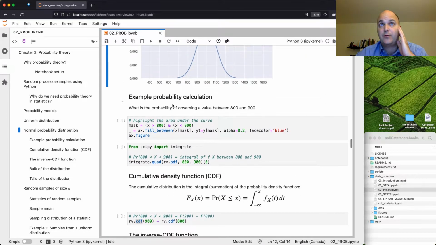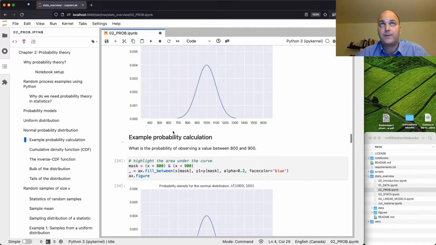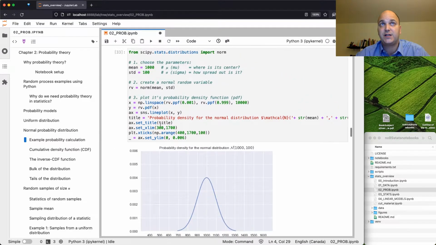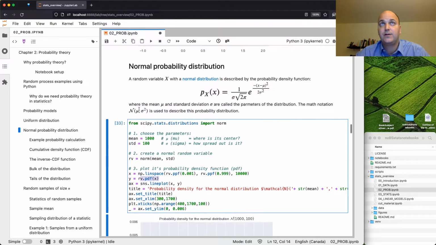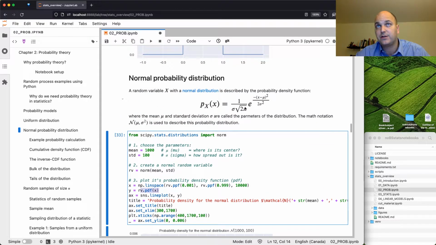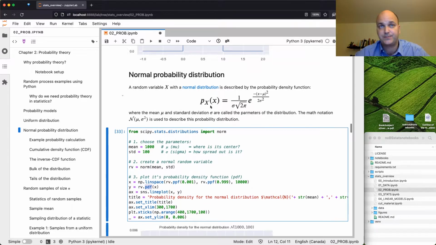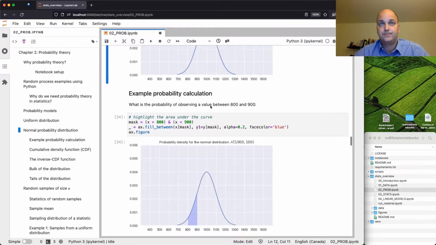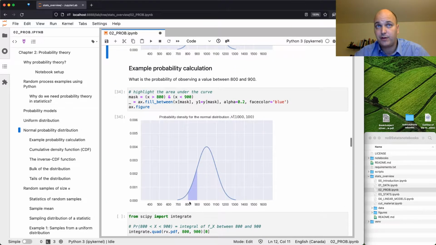Okay, what can we do with that? If you know the density, this equation here is encoded behind this function. So p of x is the PDF, probability density function. Let's say you're wondering what is the probability of the outcome being between 800 and 900.